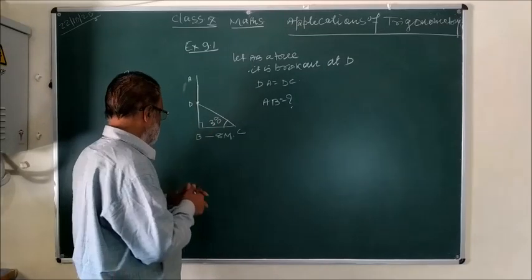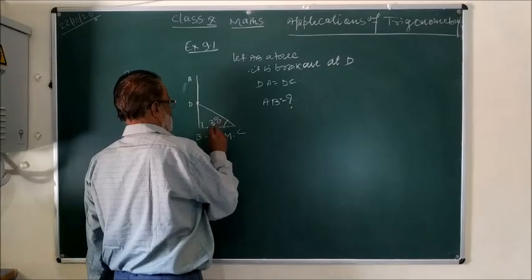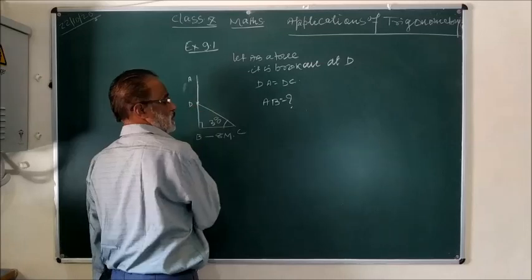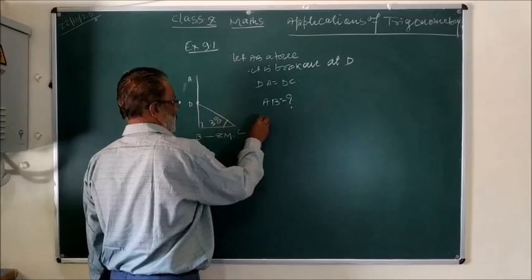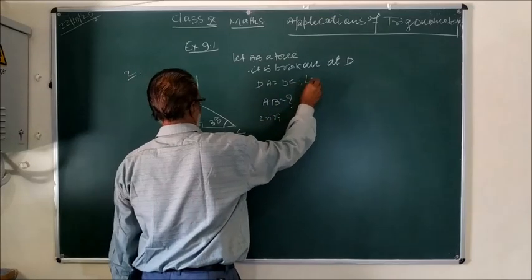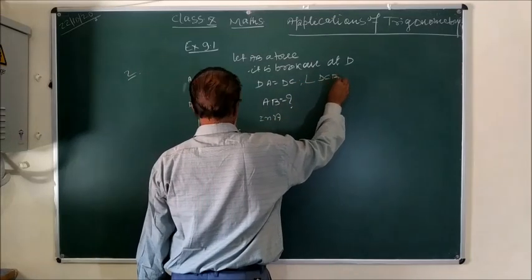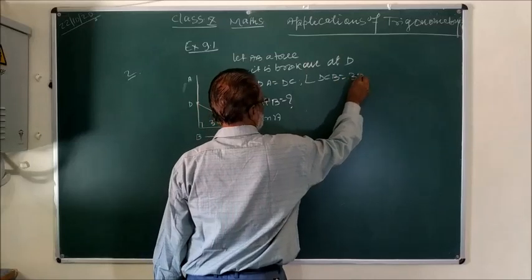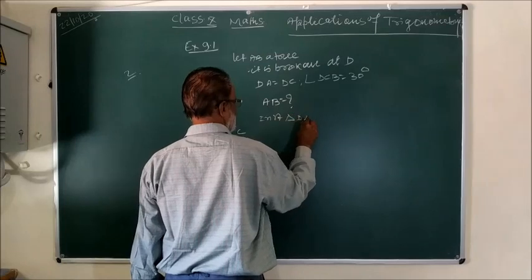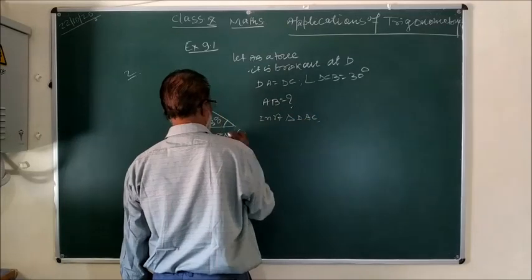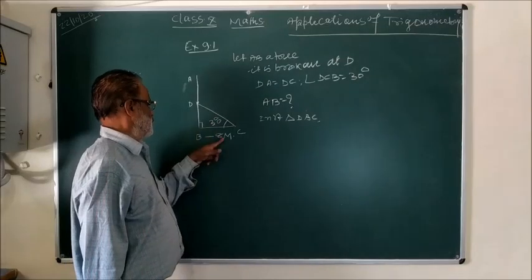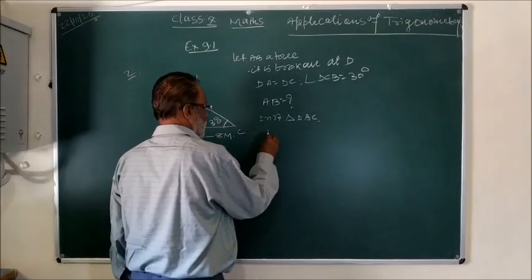In this right triangle, you first find BD. Angle DCB is 30 degrees. So what will you take for this angle? Which ratio? Now you see P and B, so you will take tan.